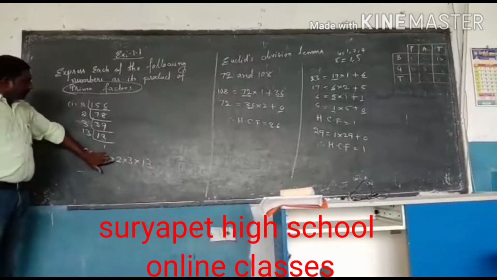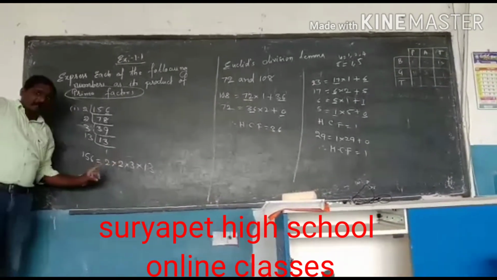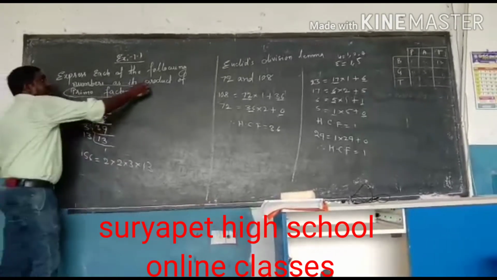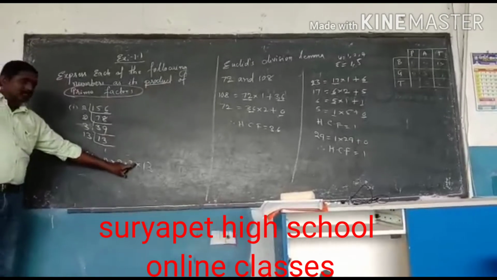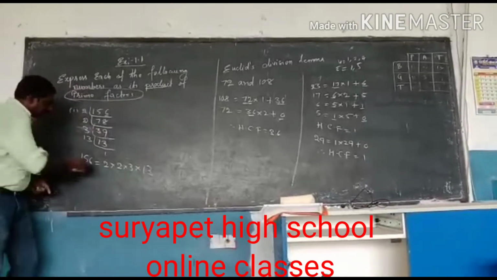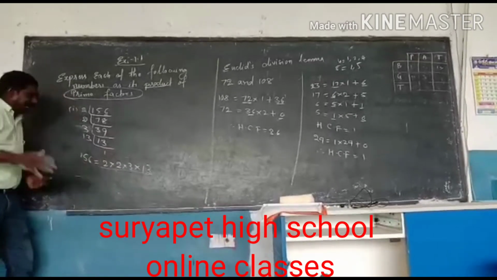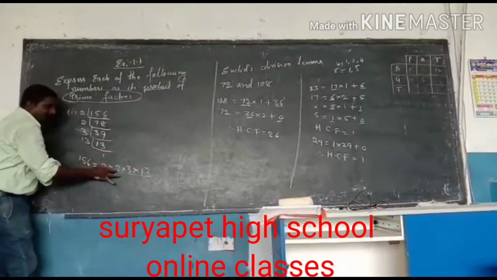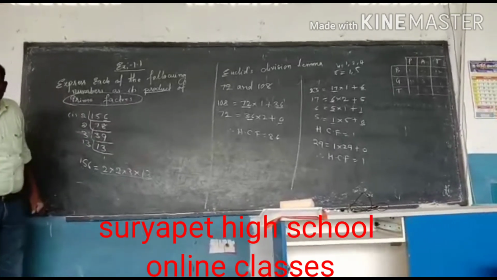These are the numbers which we take, only prime numbers, and it is their product, multiplied together. What is the meaning here? Product means product of prime factors: 2 into 2 into 3 into 13. You will get the same number. If you multiply these numbers again, 2 twos are 4, 4 threes are 12, and 12 thirteens again give 156 only.